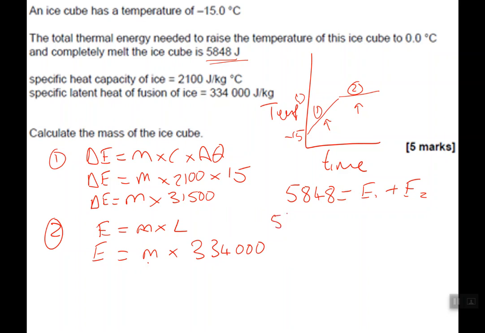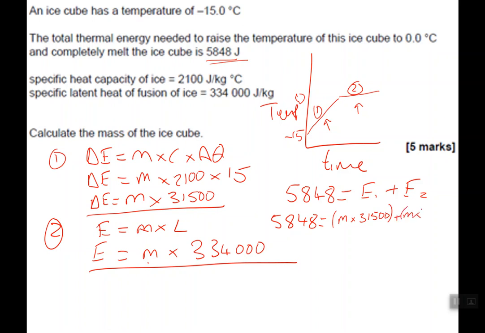So 5848 is equal to that plus that. So it's equal to, I'll do this in brackets, M times 31,500 plus M times 334,000.